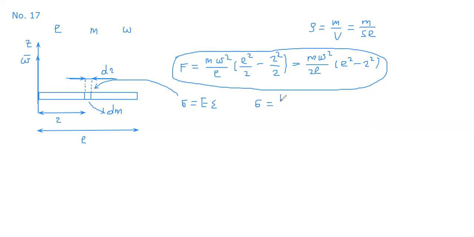So F divided by S, and according to this we can write that S is equal to M divided by rho L.